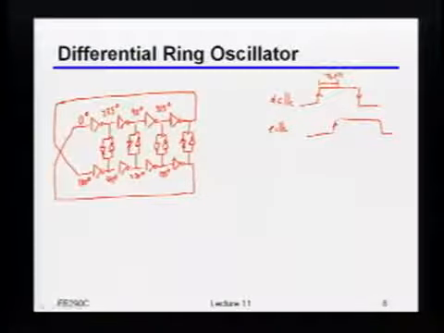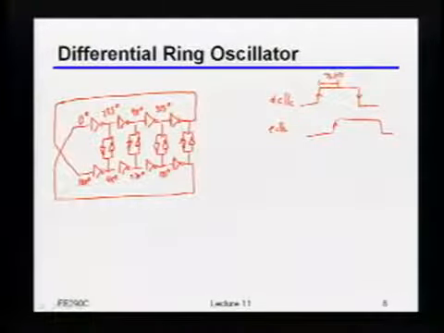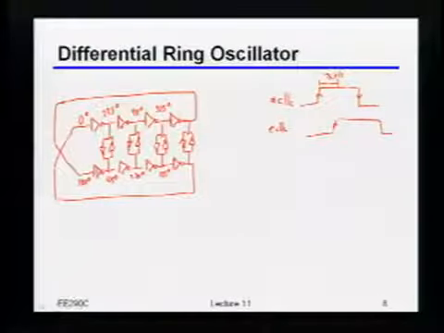Does this make sense to people, or do you see why I'm zigzagging? Eric, you had a confused look. Why is it 180 plus 45? Because these are inverters. When I invert, that's saying that I did a 180-degree phase shift. The 45 is just because each inverter also has delay.